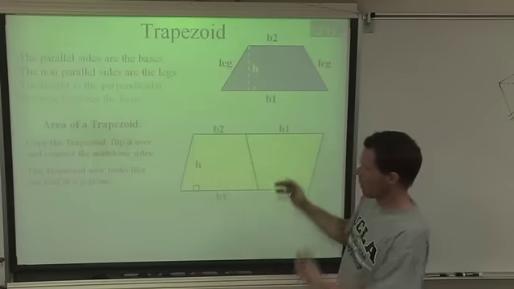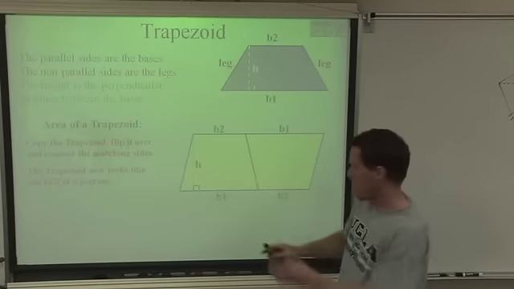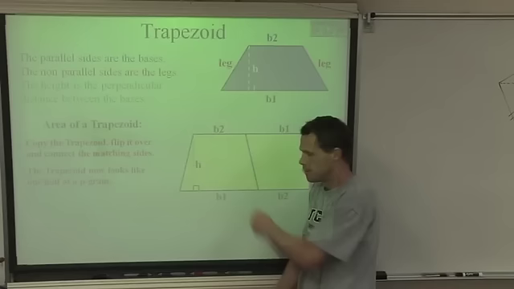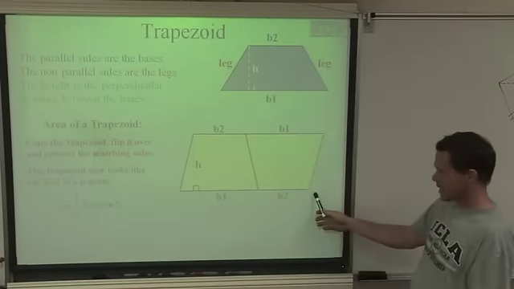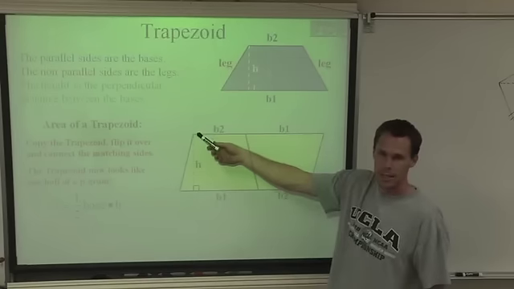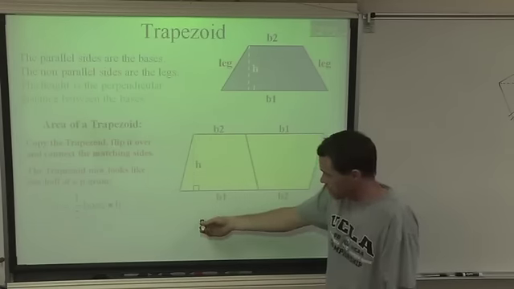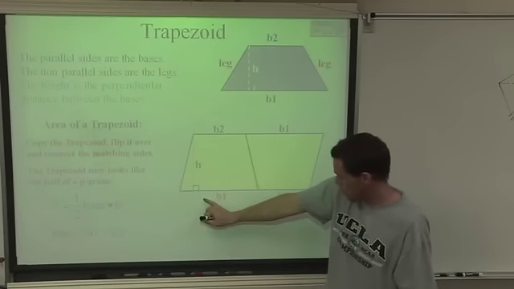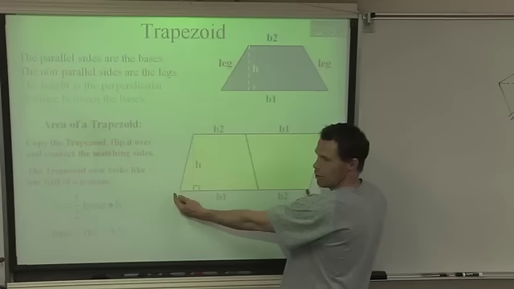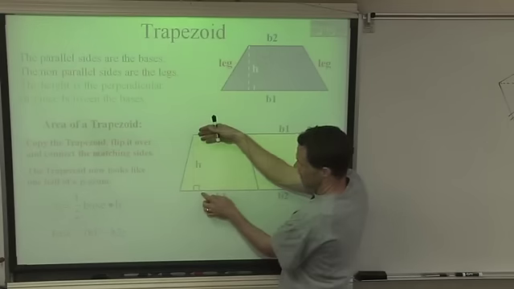So our area for this trapezoid, remember we want to find the area of just one, is 1/2 the base times the height. But we have to make a note. The base is actually base 1 plus base 2, this whole base, times the height.